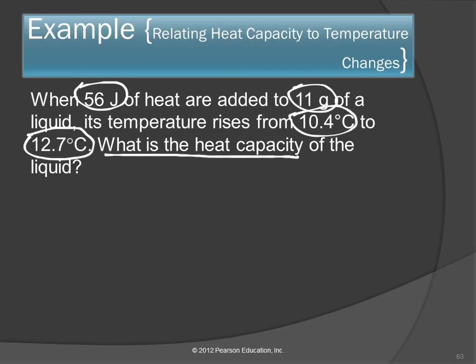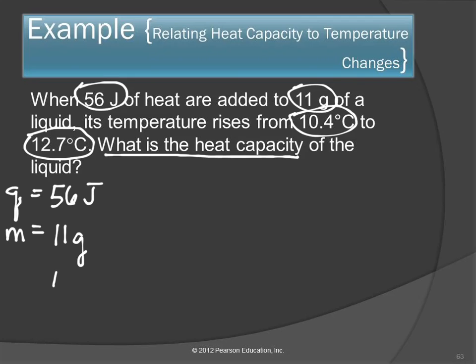What letter stands for heat capacity? C. So this one we're trying to solve for C. Let's write down these other things and identify them. 56 joules, that's heat energy, which is Q, right? 11 grams, what is that? That's the mass.